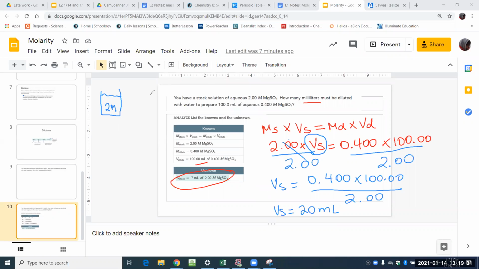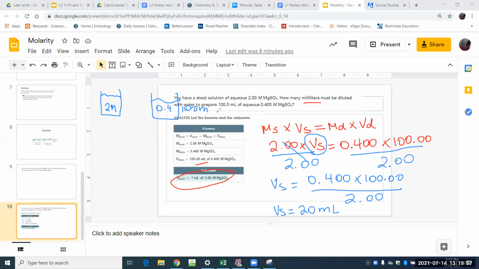I want that new solution to be much weaker, so 0.4 molar. And I need to carry out my reaction, and I need about 100 mLs of it. That's what the problem is saying. So how much of this stock do you need to add to this? Does that make sense?